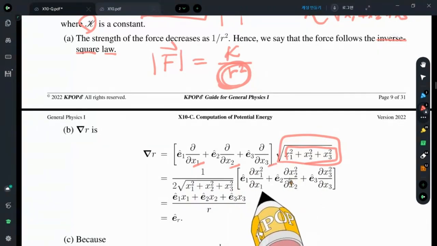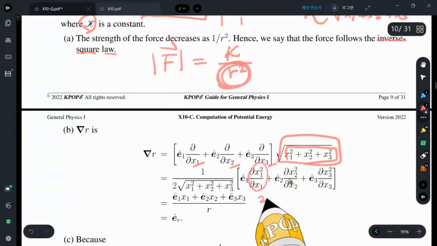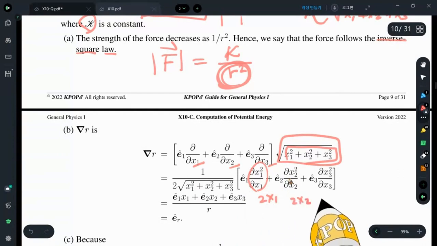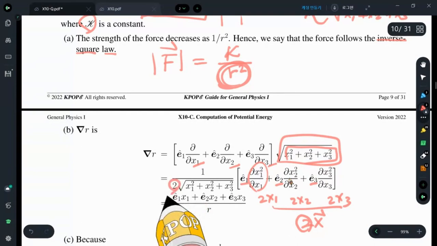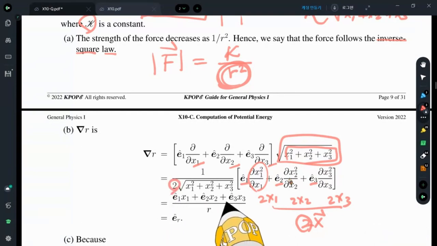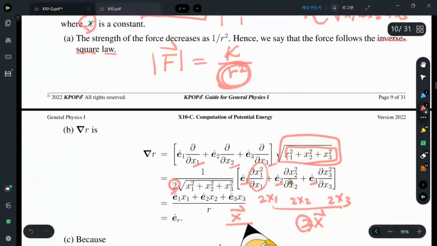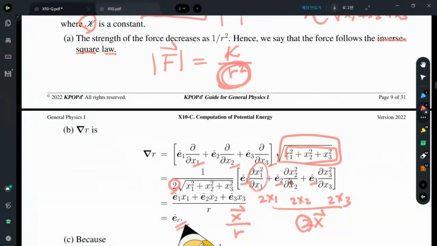So the final result is 2 times x1, 2 times x2, 2 times x3 multiplied by unit vectors, so that is 2 times vector x. And this factor 2 cancels the factor 2 in the denominator. Finally, we end up with the vector x divided by its own magnitude, so it is the unit radial vector.